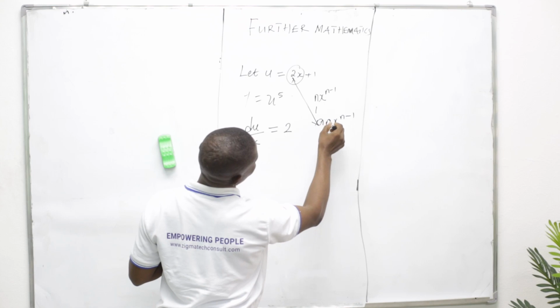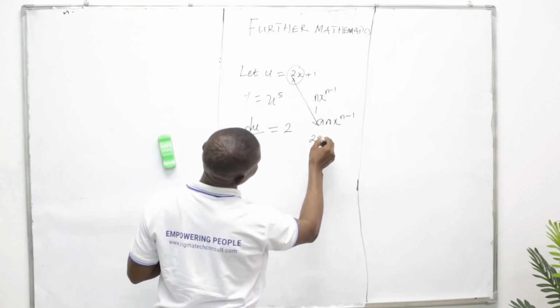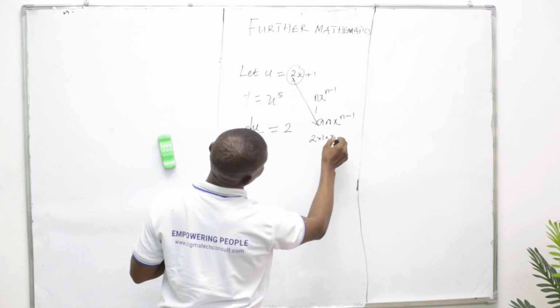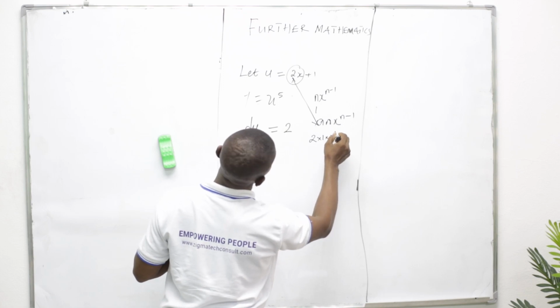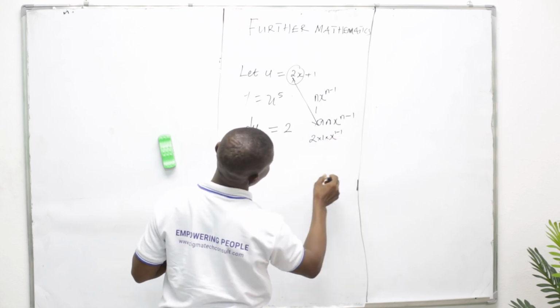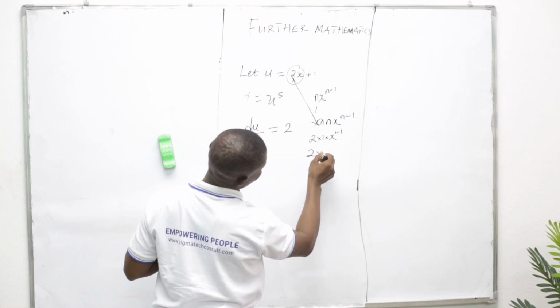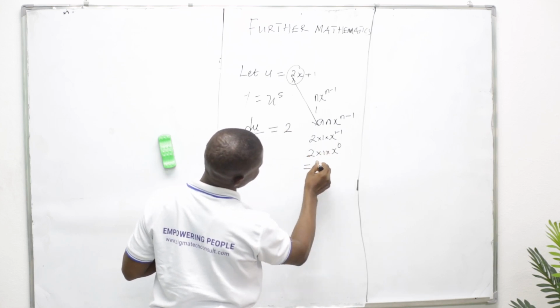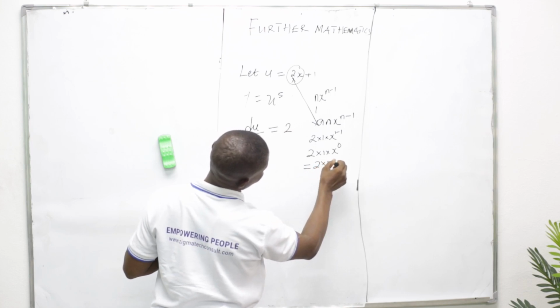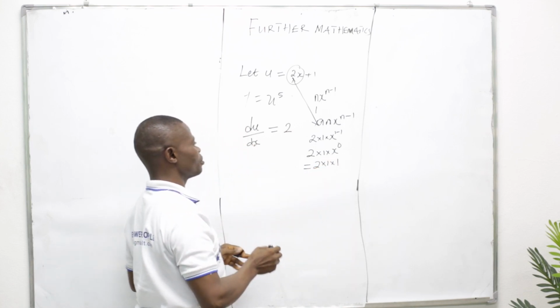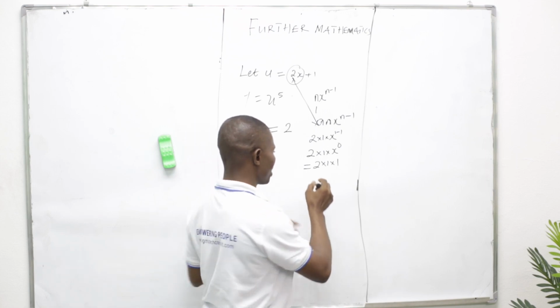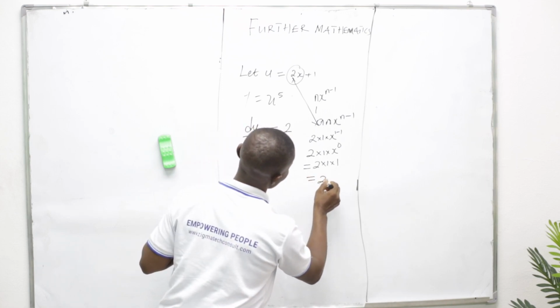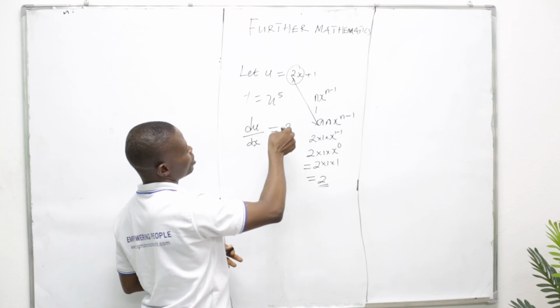Now the n is the power, 2 times the power, x is coming down, n is 1 minus 1, meaning 2 times 1 times x power 0 to give us what? 2 times 1 times 1. In indices, anything raised to power 0 is what? 1, which will produce 2. So when you differentiate this, this is what you have.